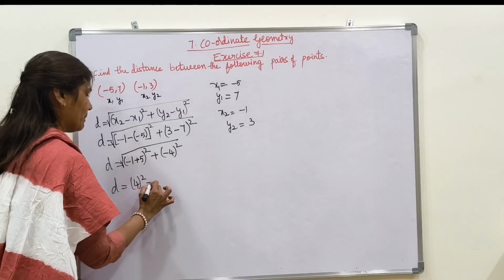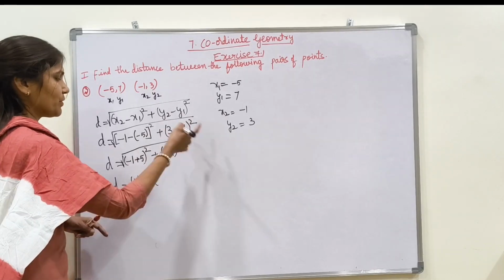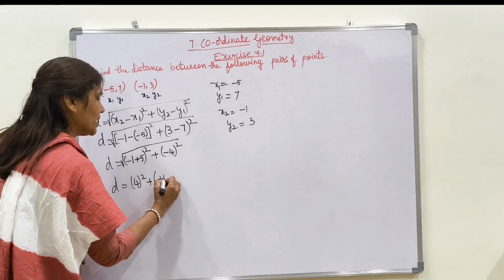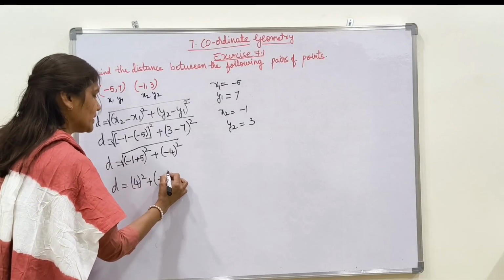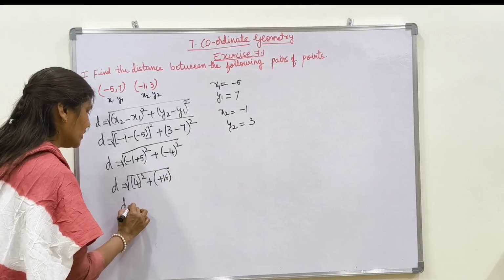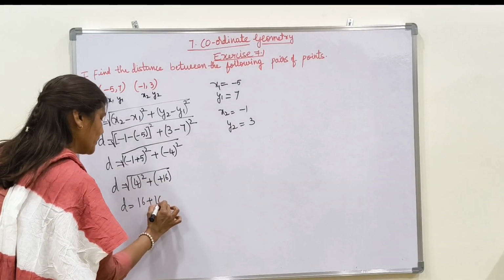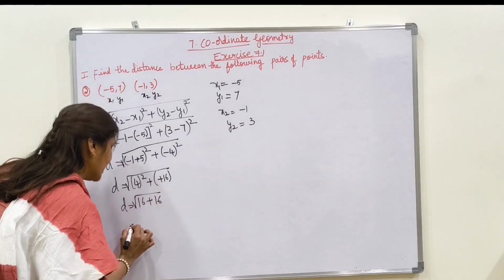Next, plus (minus 4) whole square: minus into minus is plus, 4 fours are 16, under root. So D is equal to 4 fours are 16, plus again 16. 16 plus 16, what is the answer?